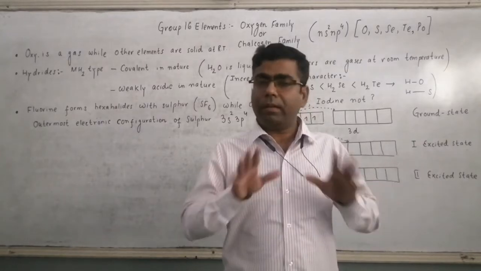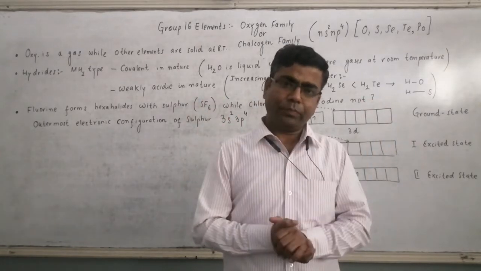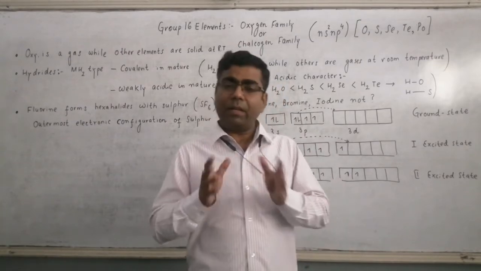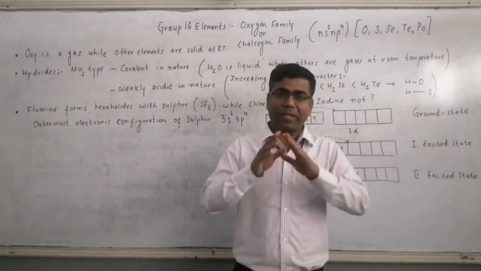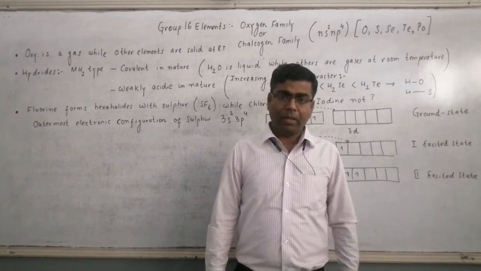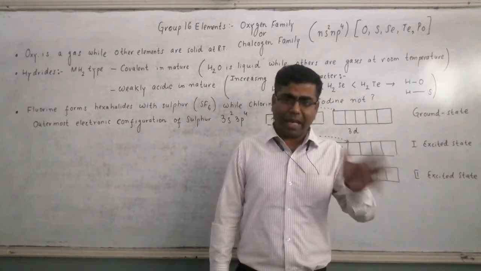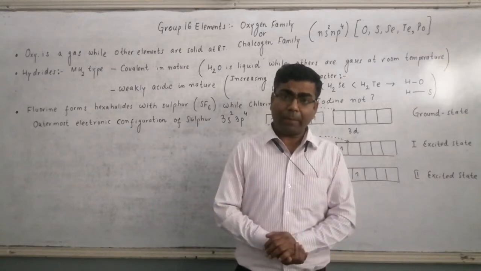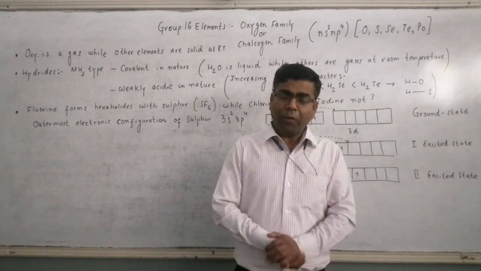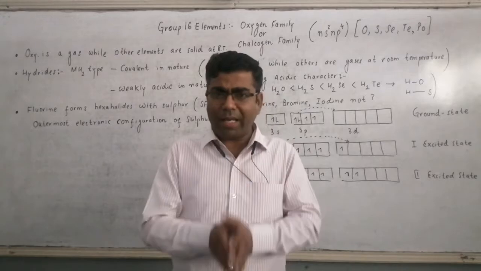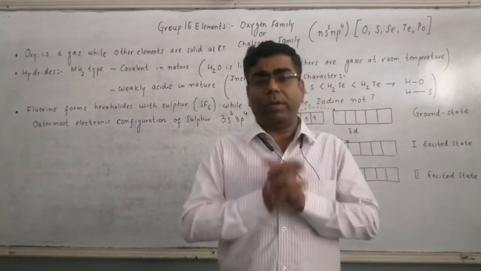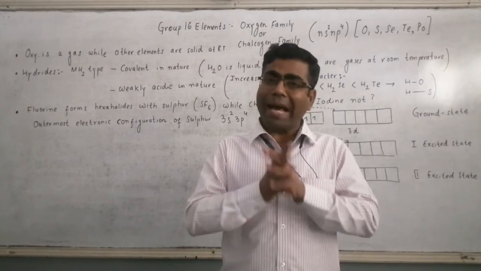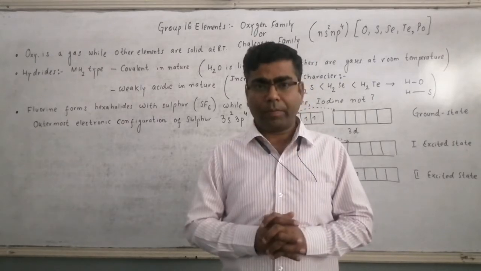The reason is very simple. Acidic character is decided by the presence of H plus ions. If a compound can form H plus ion, then it will exhibit acidic property. If release of H plus ion is easy from a compound, then it will show acidic character.